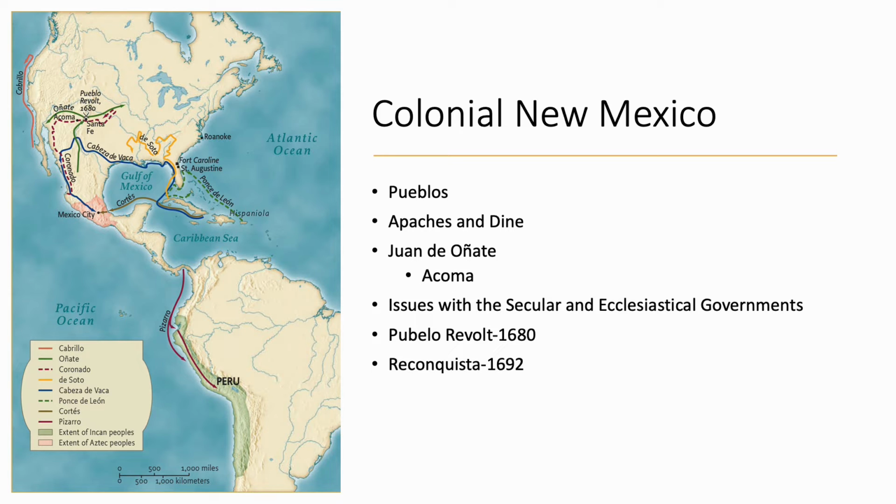Now, Oñate was hoping to follow in his father's footsteps and find some form of treasure, some form of silver or gold. By this point in time, by 1598, it had been very clear that there were no more Aztec empires or Incan empires.